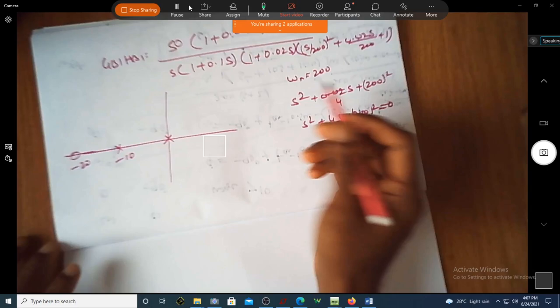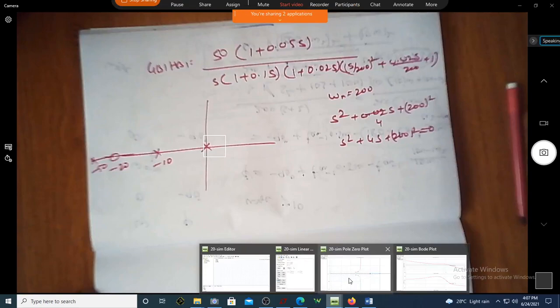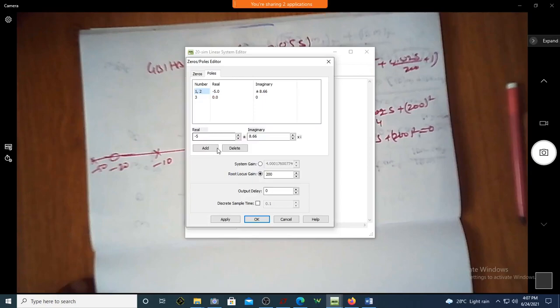Let me edit the poles and zeros. Let me delete all of them. One of them is at the origin. Next is at minus 10. Next is at minus 50.